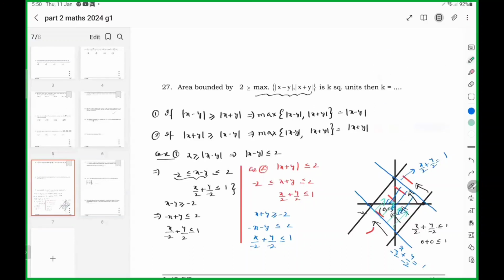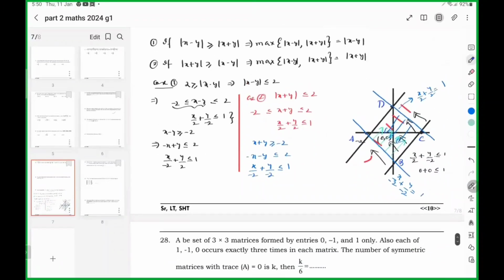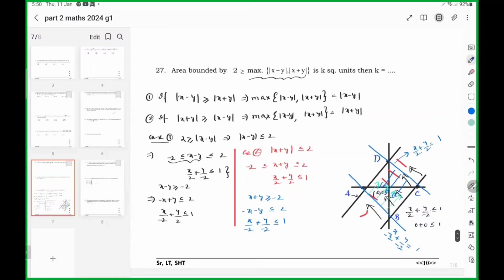That means finally A, B, C, D. So it's a parallelogram region, or it's a square region in fact.